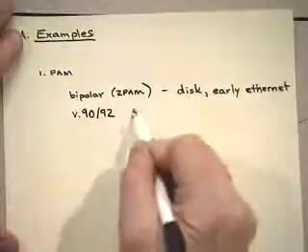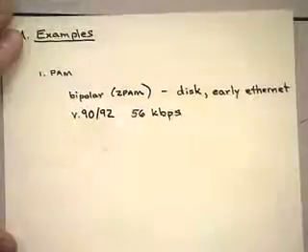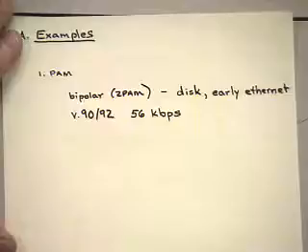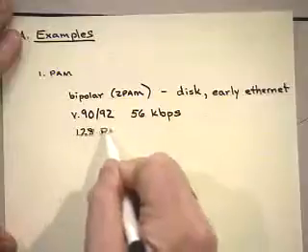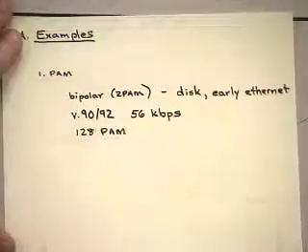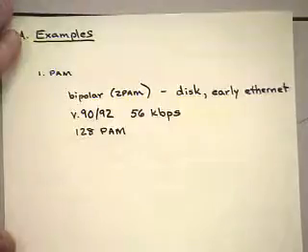And these modems run at 56 kilobits per second over normal dial-up connections. And basically, what is transmitted on these systems is 128-PAM. So you actually see 7 bits per symbol. There's a very high signal-to-noise ratio in the channel, so you can get 7 bits per symbol.